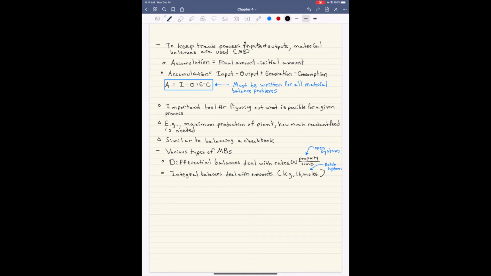All right? In any case, when using material balances, some key things to remember are the following.